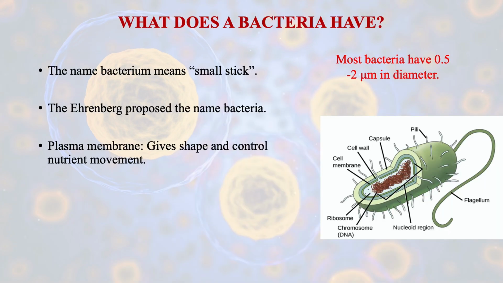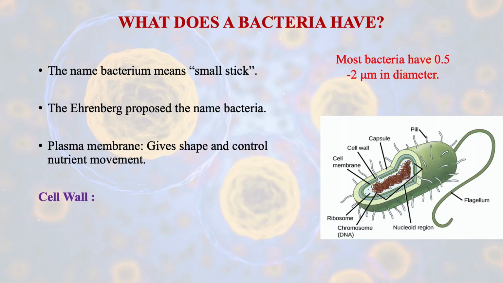It is the cell membrane, and the plasma membrane gives shape and controls nutrient movement into and out of the cell. And the cell membrane is covered by an outer layer, the cell wall.